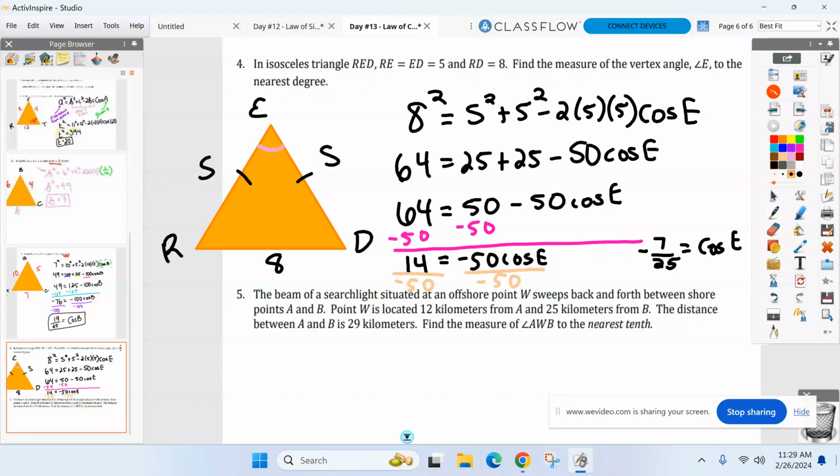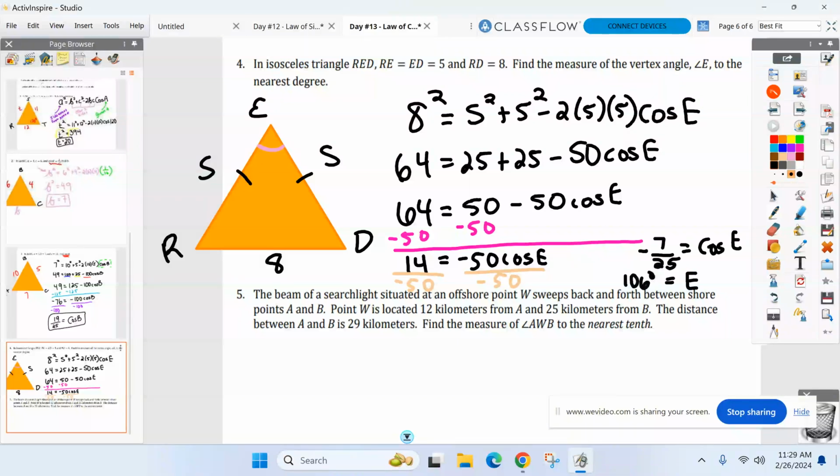Okay, that's the ratio. I want the angle. So ratio to angle is where the shift key comes in now, or your arc cosine. So the ratio to angle, shift button. And we're rounding to the nearest degree here. 106.